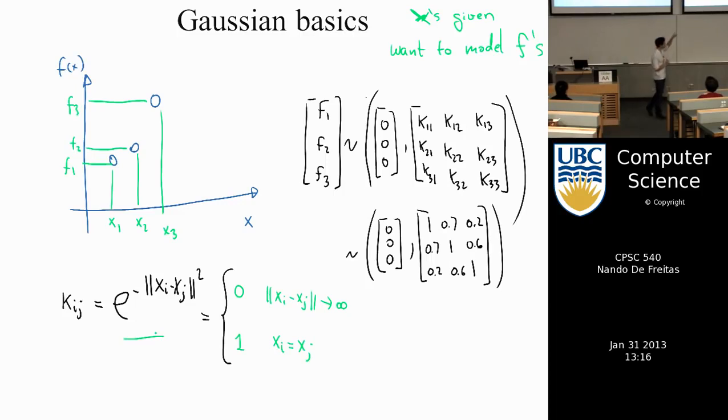I'm not intending to describe the x's. The x's are given. I'm only using the x's to construct K. But the distribution is over f, the height. Just like in linear regression, the distribution is over the y's, the height, not over the x. The x is an input that you're given, and then you need to make a prediction f.